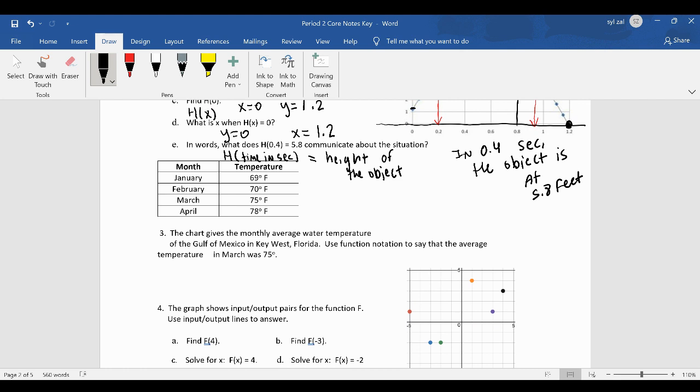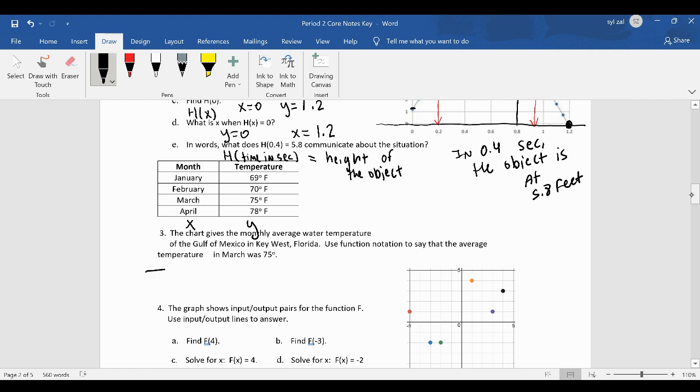The chart gives the monthly average water temperature. Use function notation to say that the average temperature in March was 75. Well, again, you're going to have to take a look first which one's your X and which one's your Y. It looks like month is our X and temperatures are Y. The month will change the temperature, the temperature won't change time.